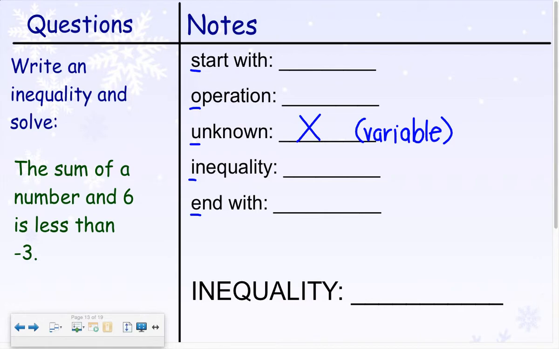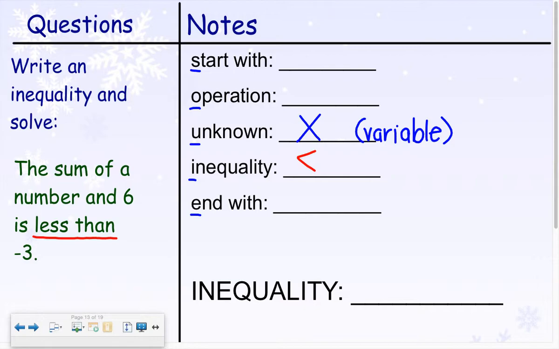The next one we could figure out, really you can go anywhere you want, but let's do our inequality, because it says right in this word problem what our inequality is. Our inequality is less than, so we're going to put the less than inequality into our problem. Now let's do our operation.